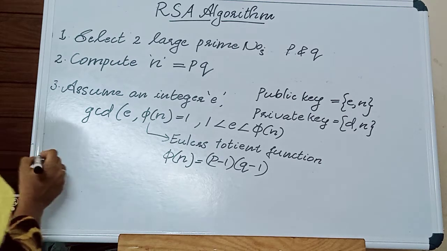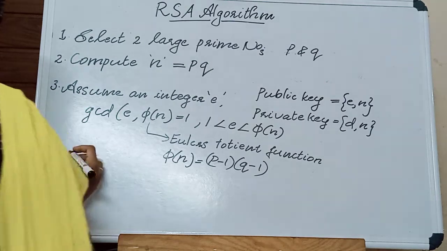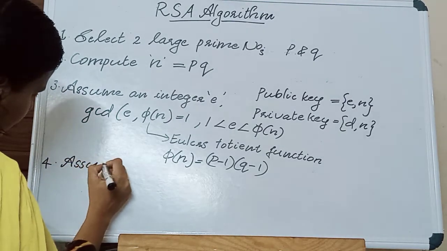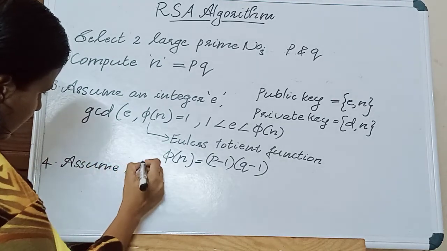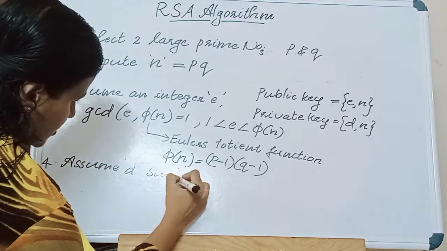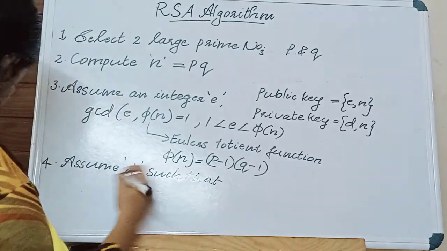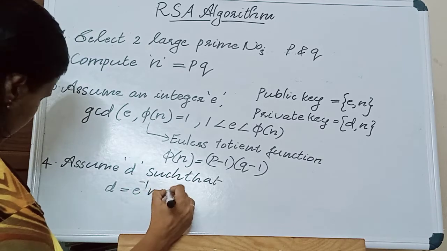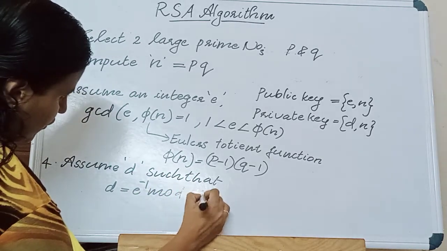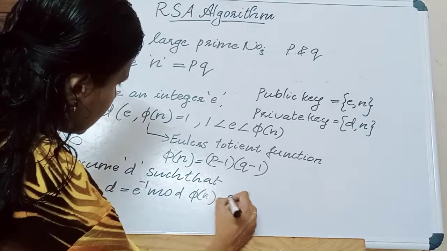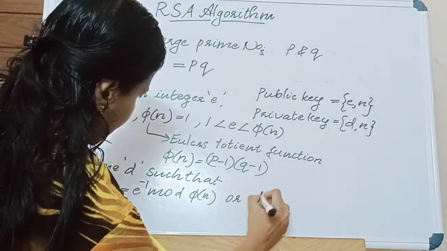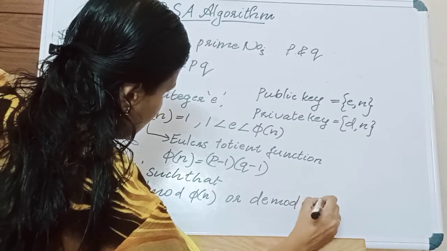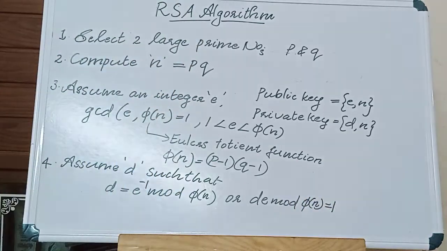Assume D such that D is equal to E inverse mod phi of n, or D times E mod phi of n is equal to 1.